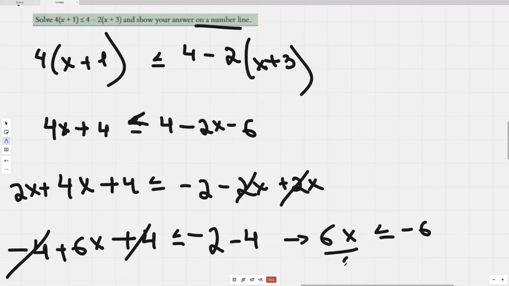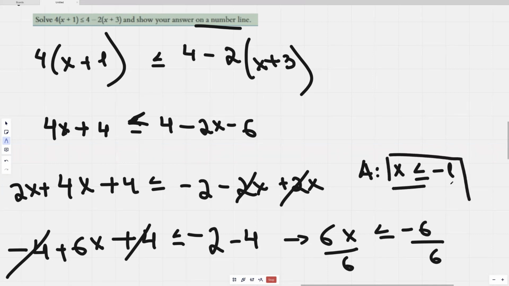So 6 and 6. The 6 divided by 6 is equal to 1. So x itself is less than or equal to, and negative 6 over 6 is equal to negative 1. So x is less than or equal to negative 1.